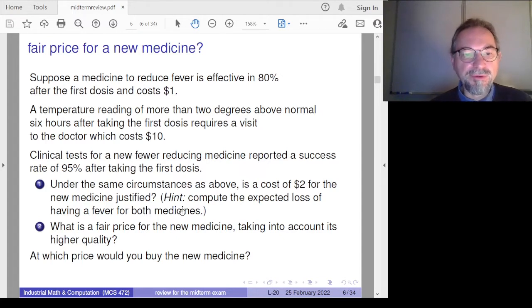Now there is a new drug out there, and that has a much higher rate of success. However, it also costs twice as much. So is it justified from a financial perspective? If you want to be sure about your health, you indeed go for the more expensive medicine.